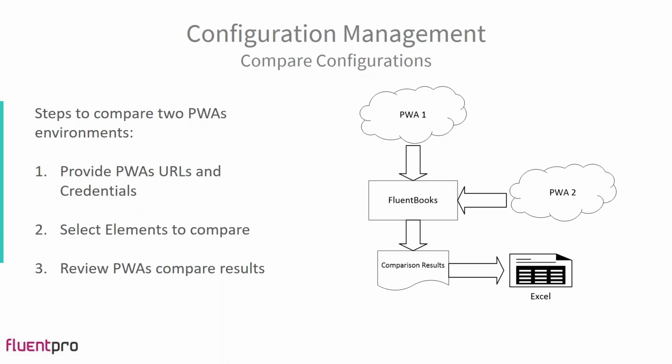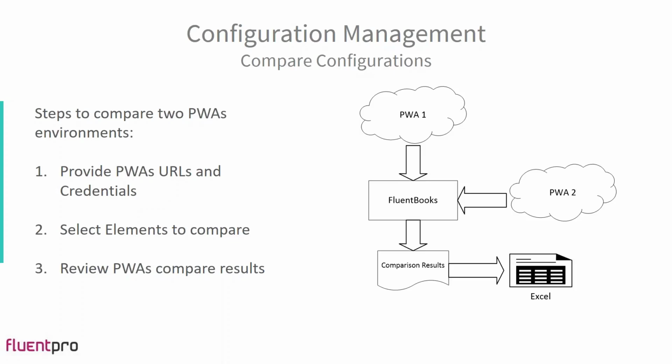So again, this functionality allows you to update the production environment only with the information that is missing, and you don't need to remember what you added or edited on the development environment. You can just easily verify this with the help of FluentBooks, and then update production with new information.